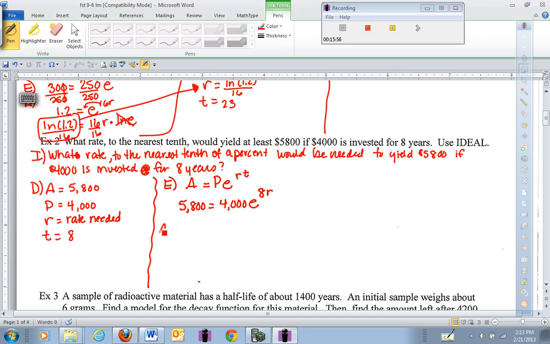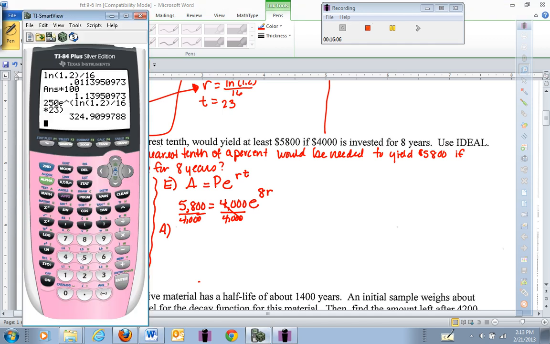Okay, now I'm going to do part A. We're going to solve this. We need to divide both sides by 4,000 first. Okay, so I need to know what 5,800 divided by 4,000 is. And it is 1.45.